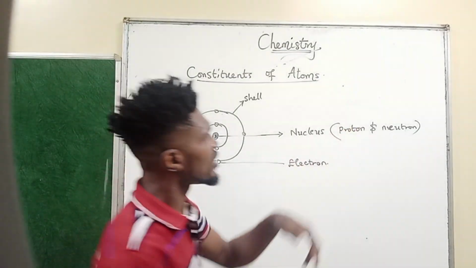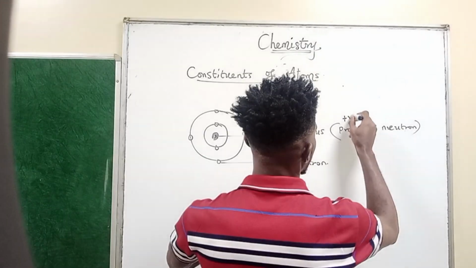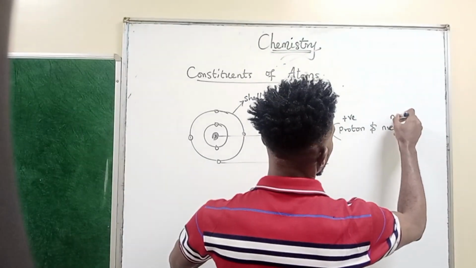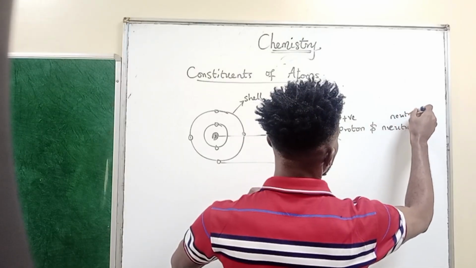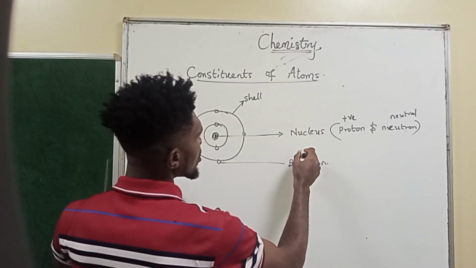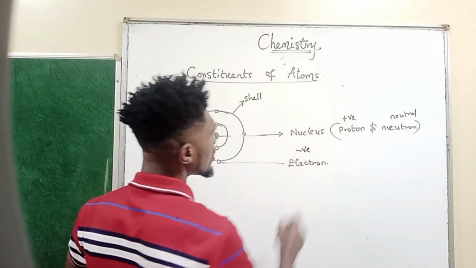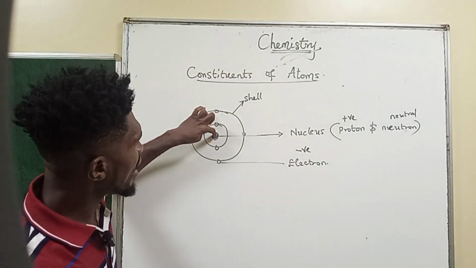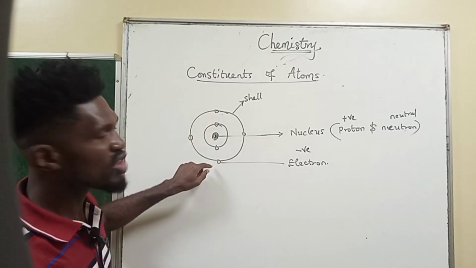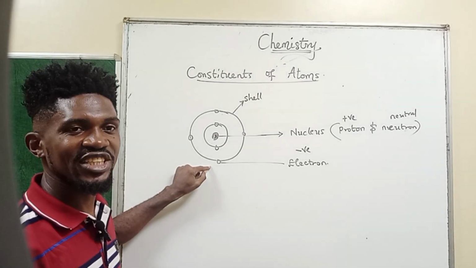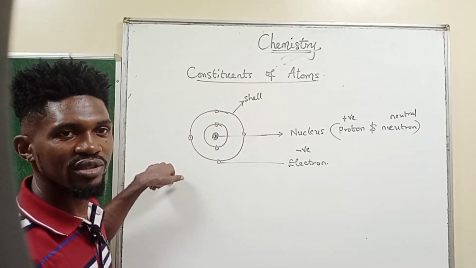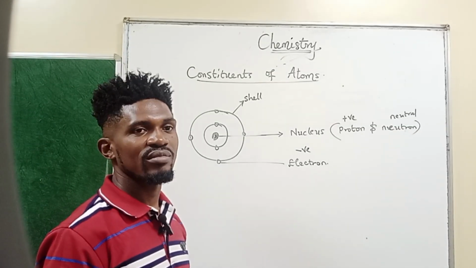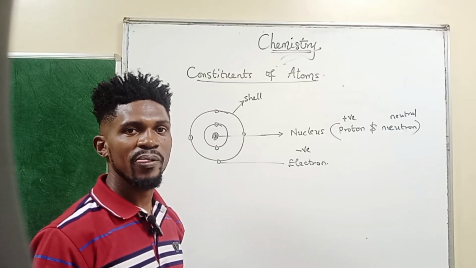This proton is positively charged, while here is neutral. Okay? And here is what? Negatively charged. This positively charged proton here neutralizes the negatively charged electron and revolves around, making the atom electrically stable.